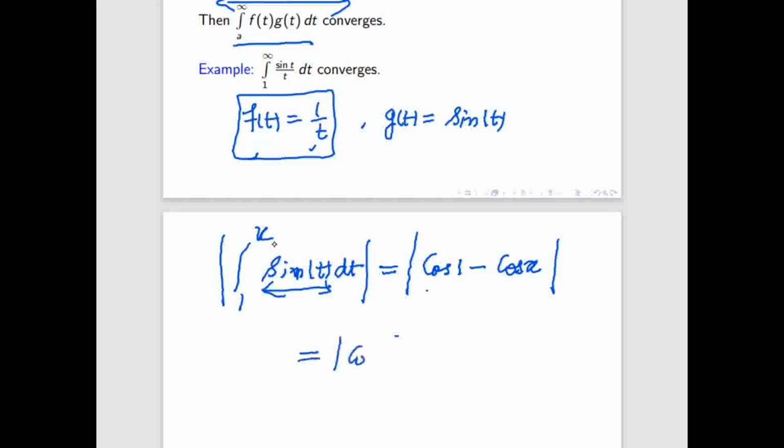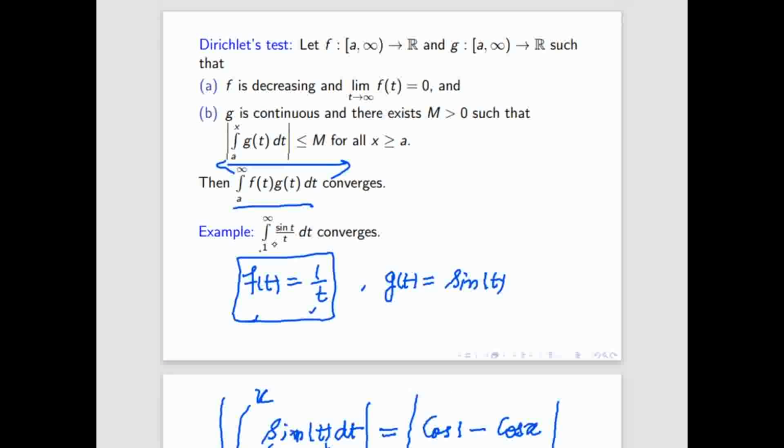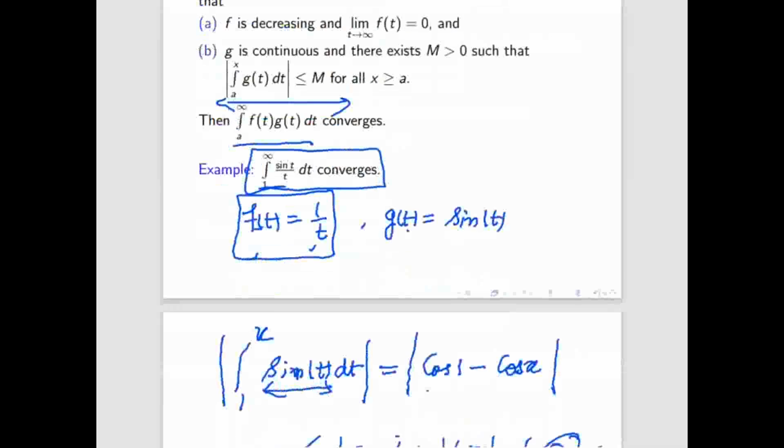So this is less than or equal to cos 1 plus cos x, and we know sine and cosine functions are always at most 1, so it is less than or equal to 2. This is m. So this condition is also satisfied. That means the integration of f(t) into g(t) is also convergent by the Dirichlet test.